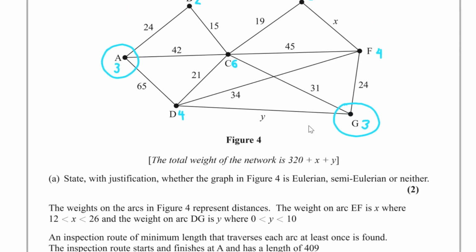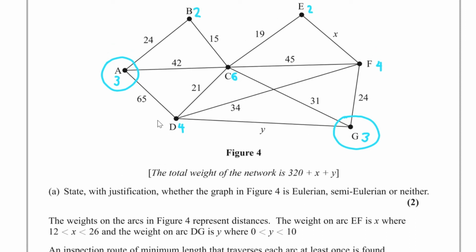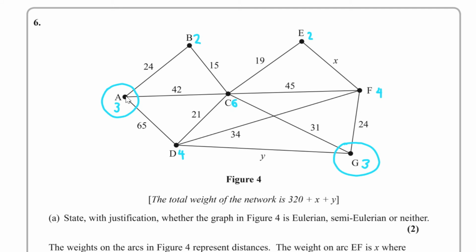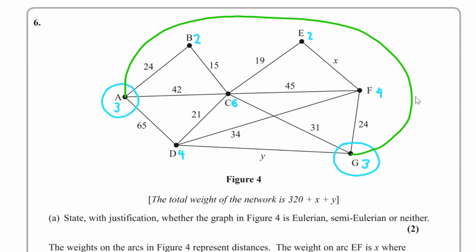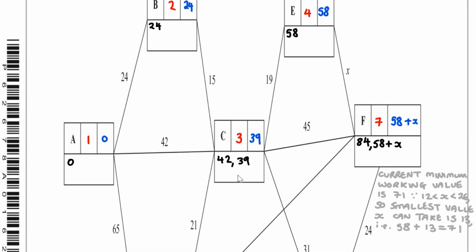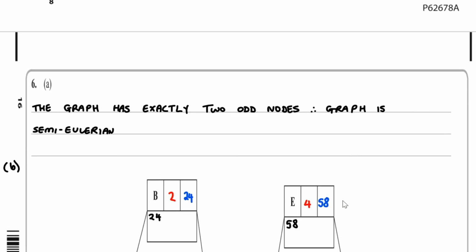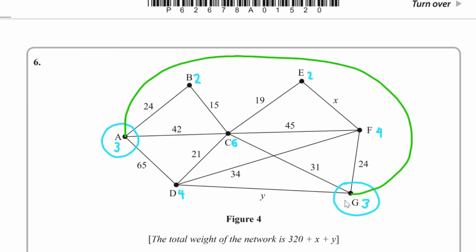So repeating AG, if we repeat AG, here we need to add on the shortest from A to G, which we know is 60 plus y.